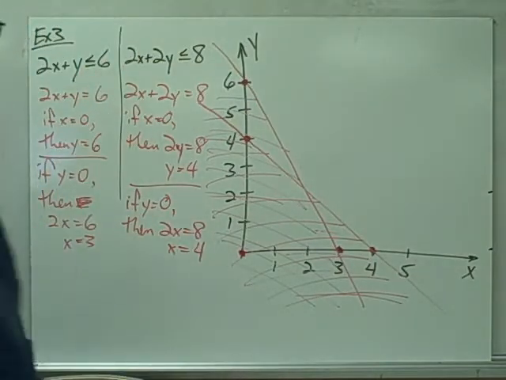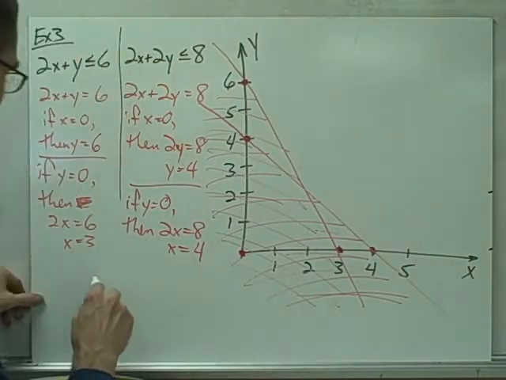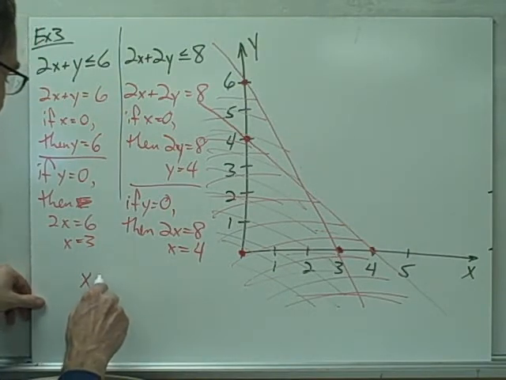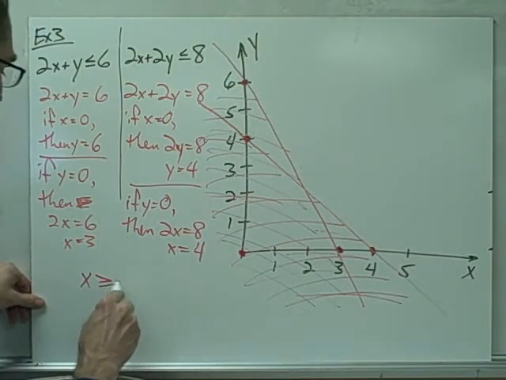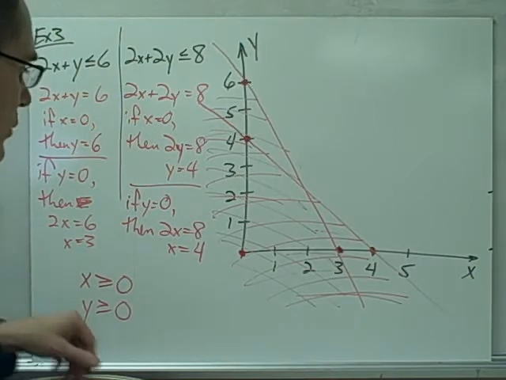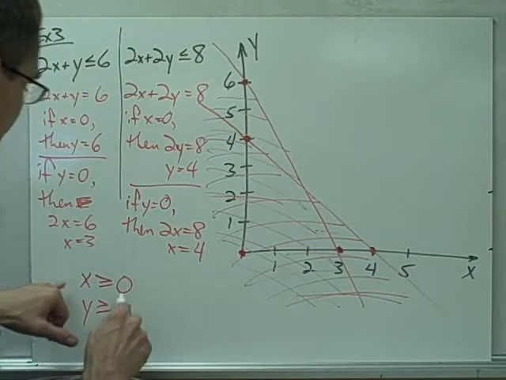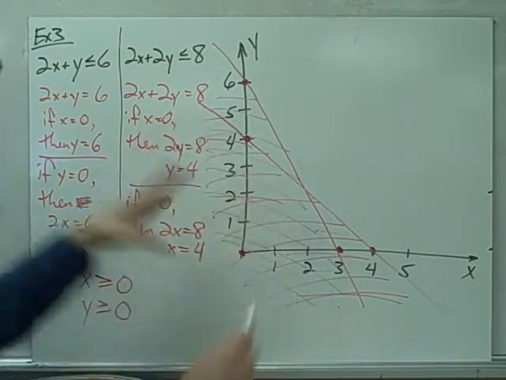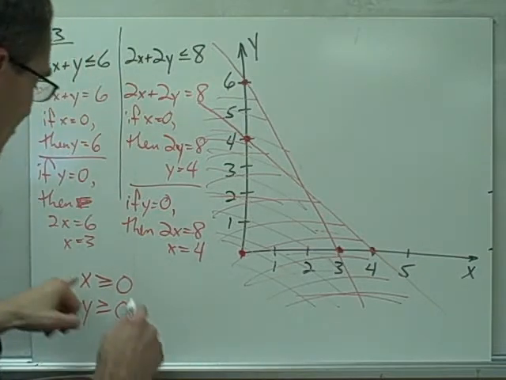Now, for this example, we also have 2 additional inequalities that we didn't have before. We have the inequality x greater than or equal to 0 and y greater than or equal to 0. So now I've got a total of 4 inequalities that I'm graphing.